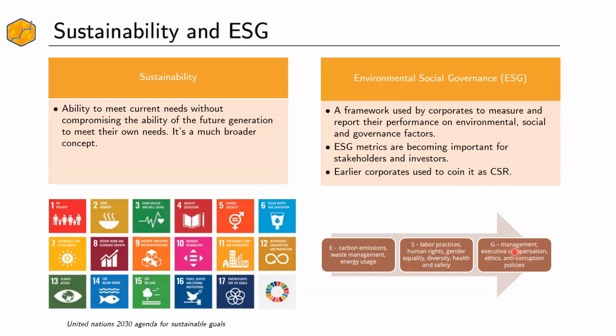And in governance, we have the management, executive compensation, how the compensation is designed today. Is it tied to sustainable projects? Are executives drawing exorbitant salaries? What are the ethics, bribery, anti-corruption policy? All of those are under governance. So all together, they are called ESG.